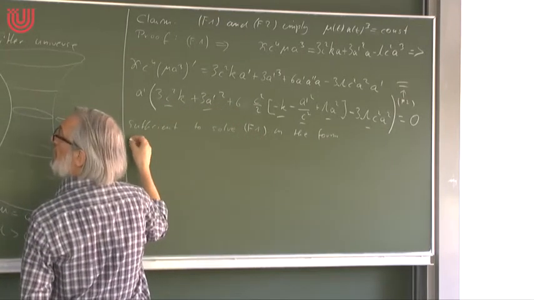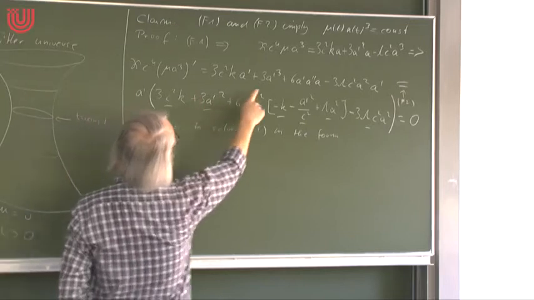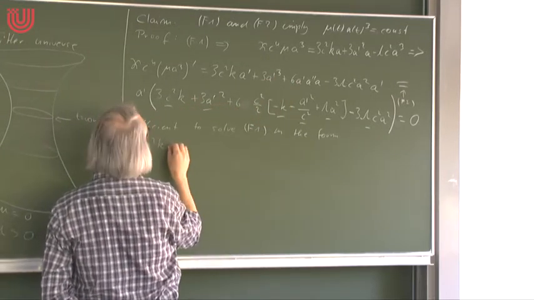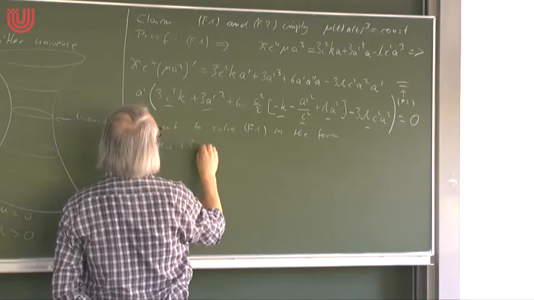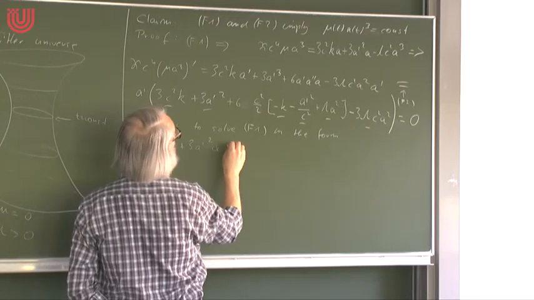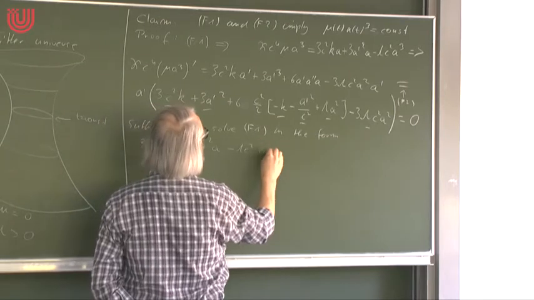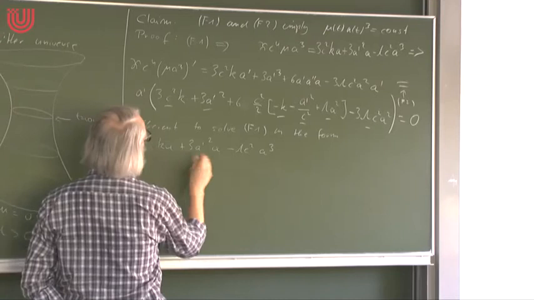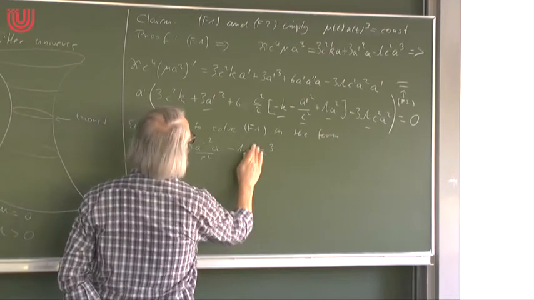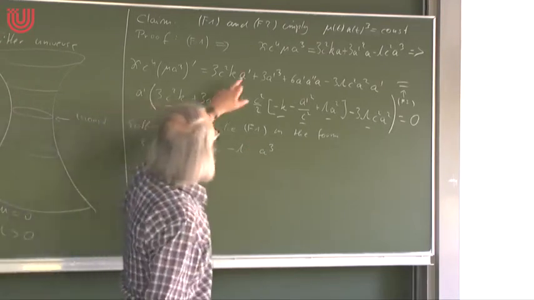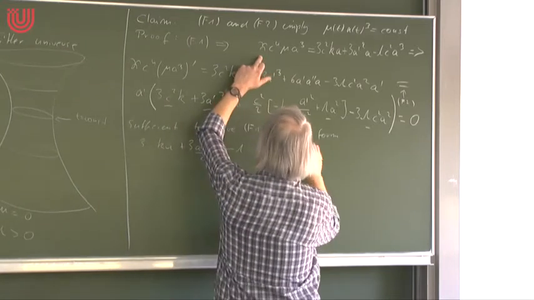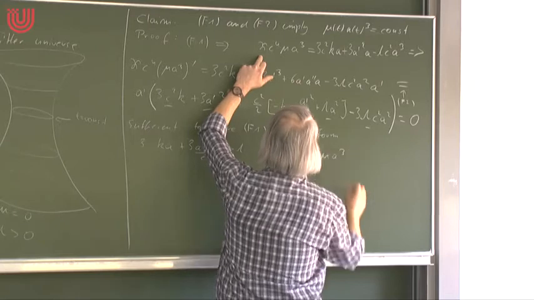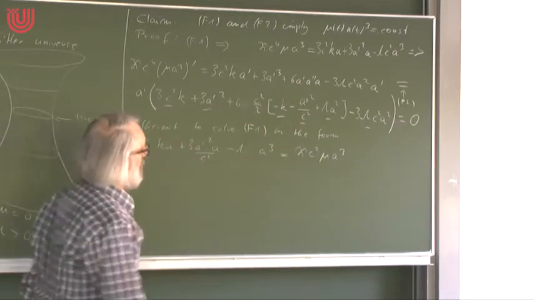Let me multiply everything with a cubed, so let me write it in this way: 3c squared k a plus 3a prime squared a minus lambda c squared a cubed. Or I think I divide by c squared. That's nicer. I divide by c squared, and I have to divide this also by c squared. So I get kappa c squared mu a cubed. And this is a constant.